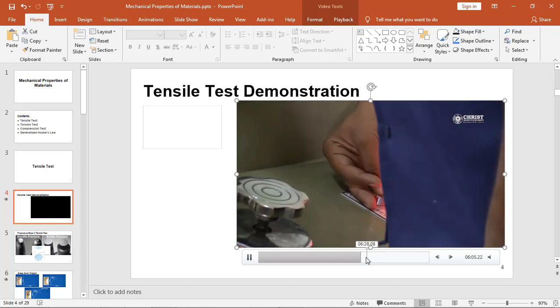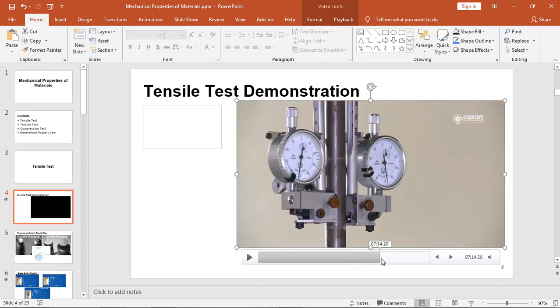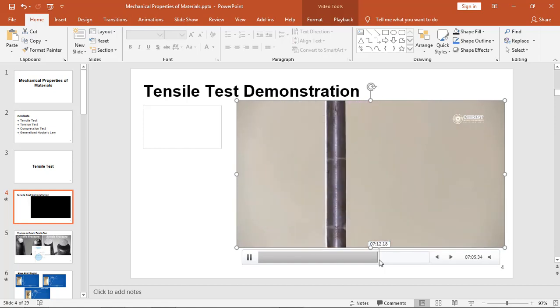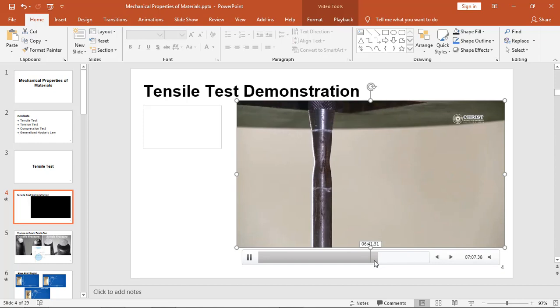So the basic procedure is exactly the same. Here also the extensometer is taken out just before necking, and after that you see the neck formation, and then it will break. So we have seen the testing procedure.